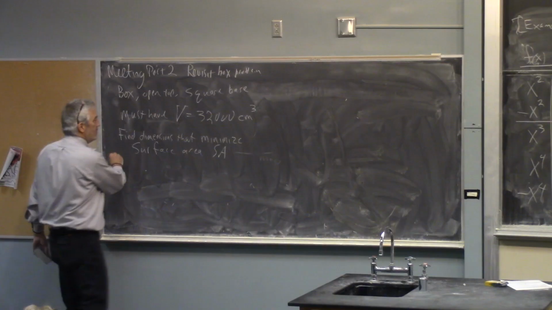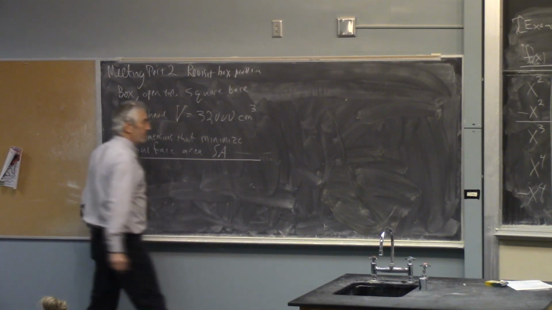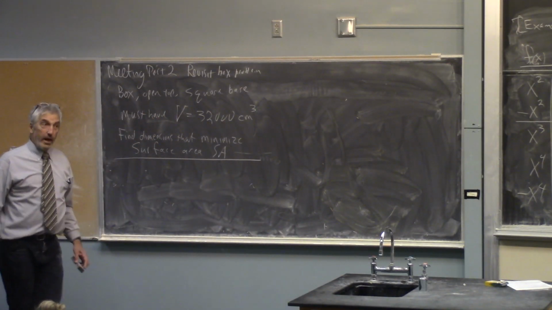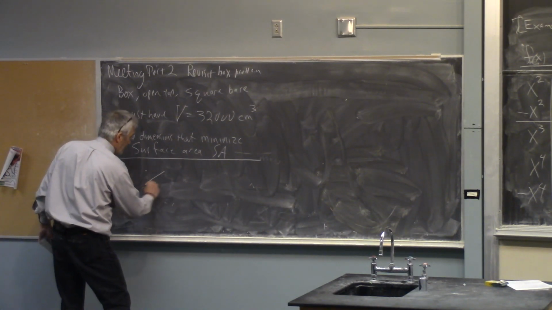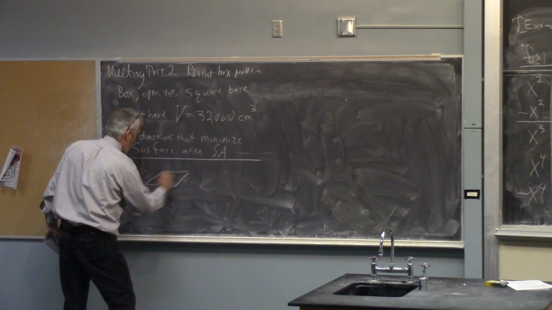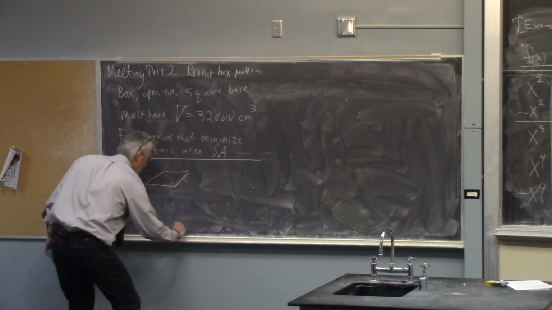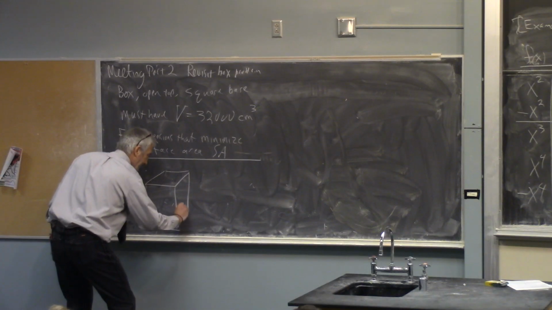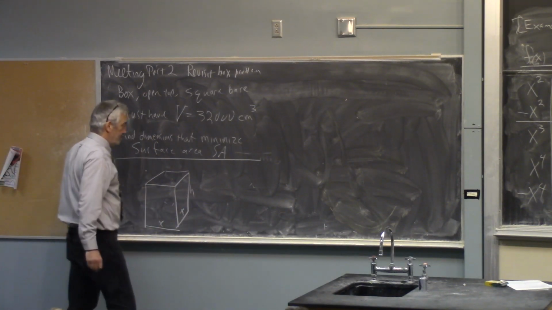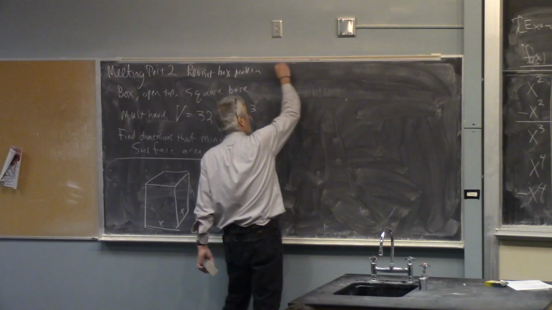All right, well, remember what we did on Monday? We got two equations. First of all, we have this picture of the box. So we have x, and we have h. We have two equations.